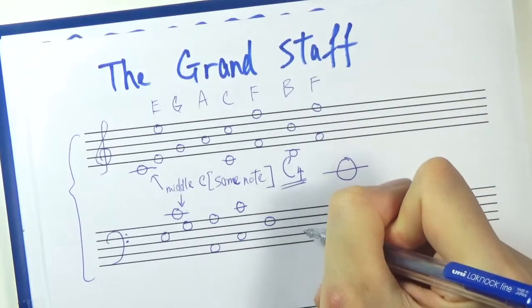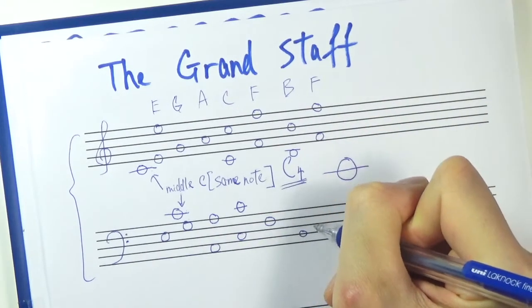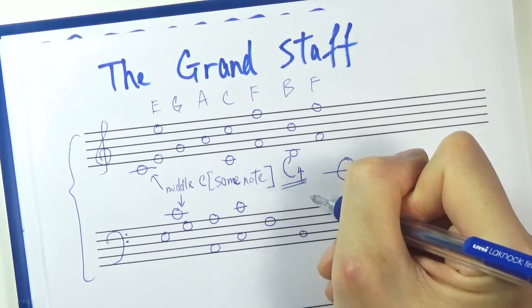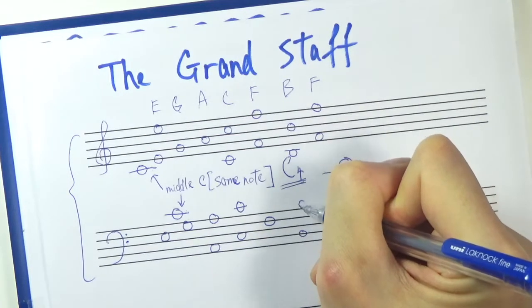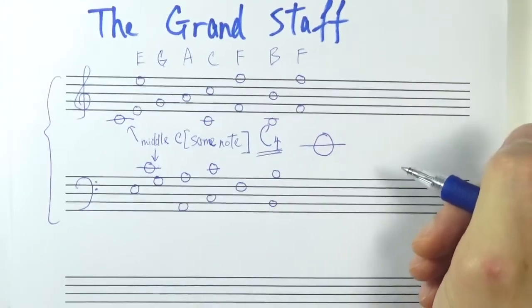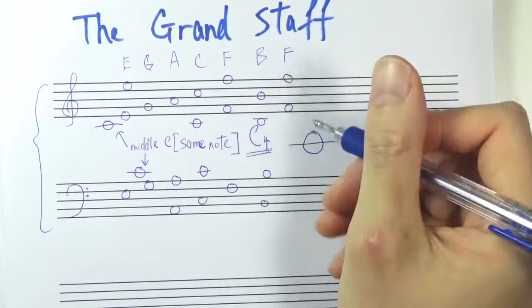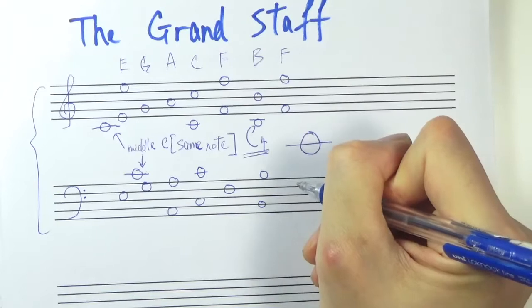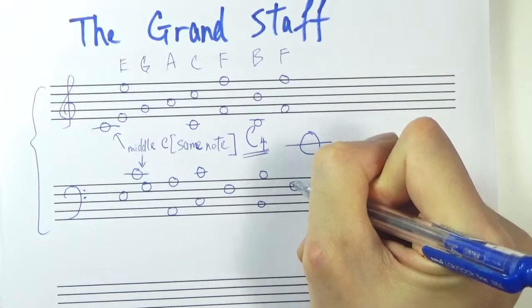B, so you know this one is a C, right? So the one below it would be B. And also, since we know the middle C here, this one is also a B. Finally, let's do another F note. So only one F here that we can find.